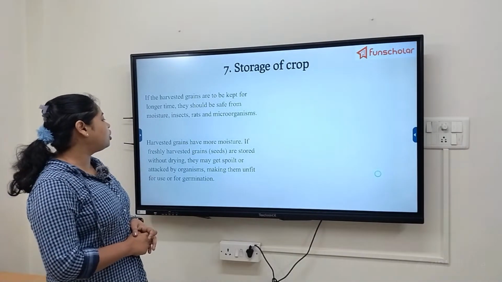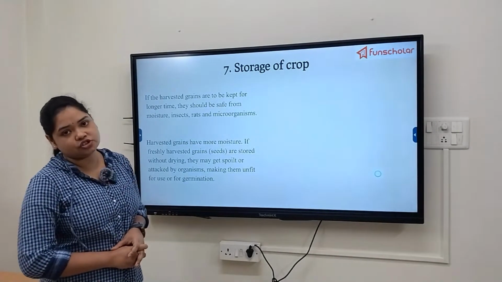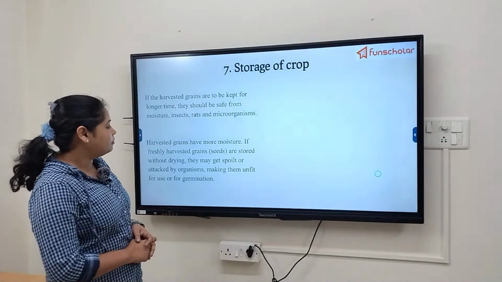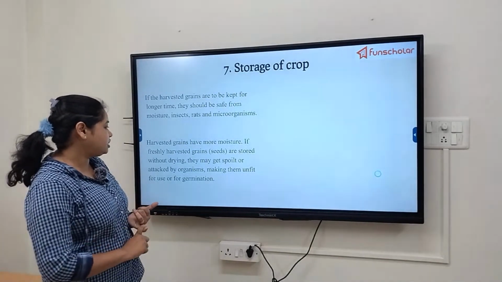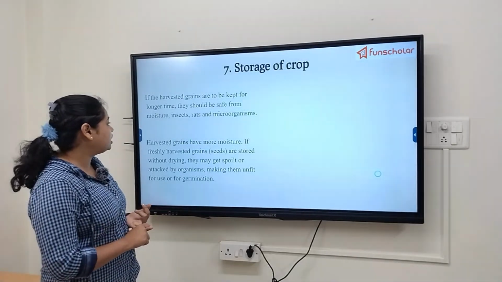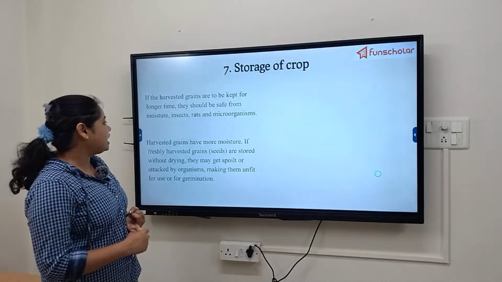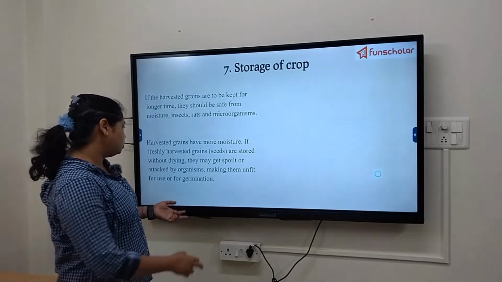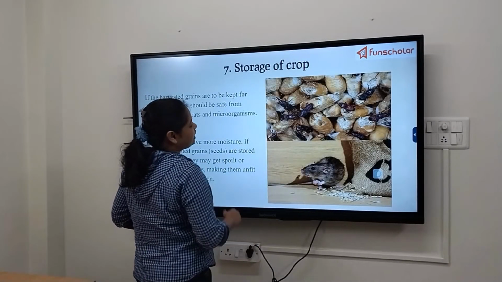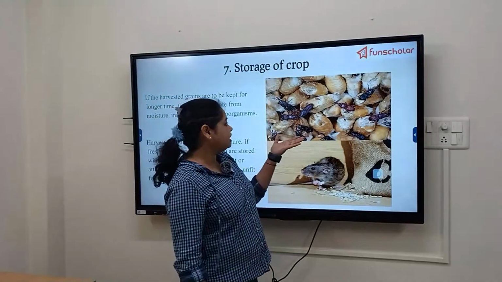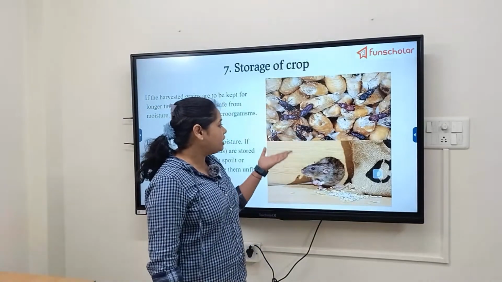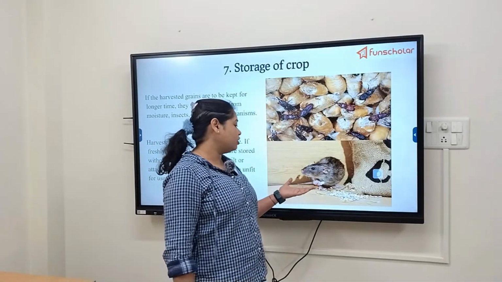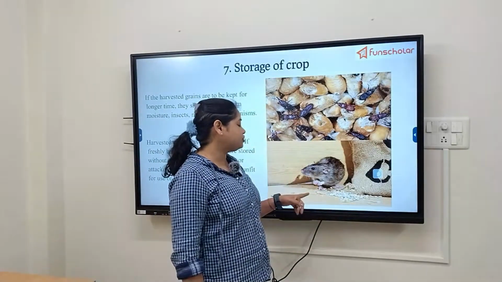So, there are a lot of agents for destruction of crops. So, it is very vital to store them properly, away from moisture, insects and pests, and microorganisms. You can see in the picture here the insects destroying the crops, making them hollow and damaged, and here rats are also destroying the crops.